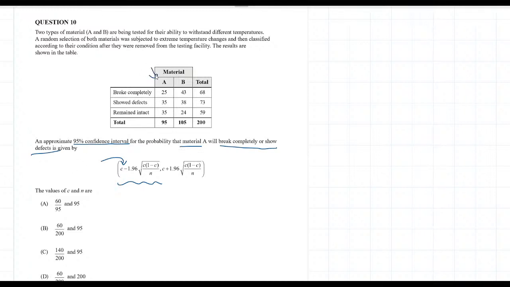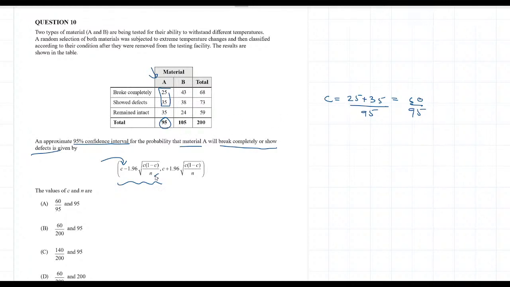Well, for A, 25 plus 35 of the material are broken, which is 60, and the total number of materials there is 95. So our p value is going to be 60 over 95.